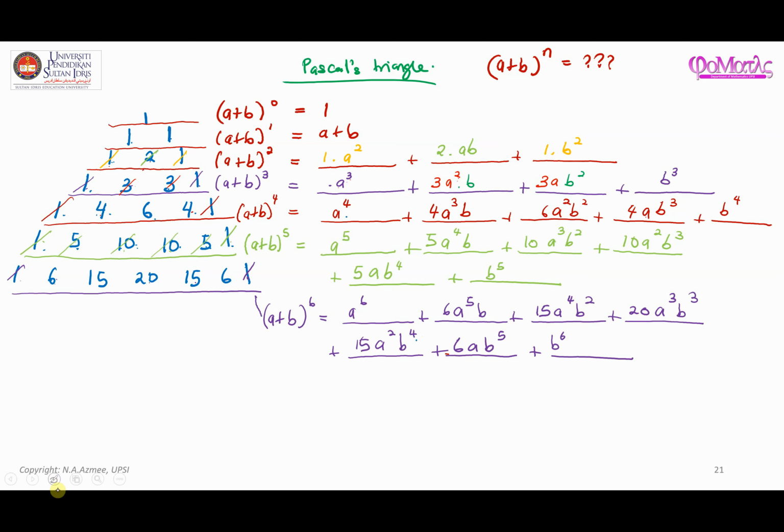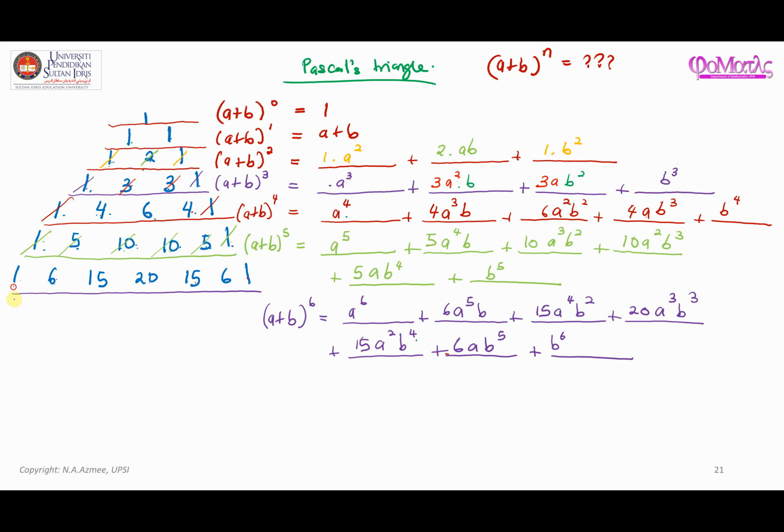All right, next. I also would like to mention the fact that for this one here, these numbers also relate to the idea of combination. Choose C out of N, that kind of stuff. Choose X out of N and so on, okay? So I'm just going to explain a bit on that.